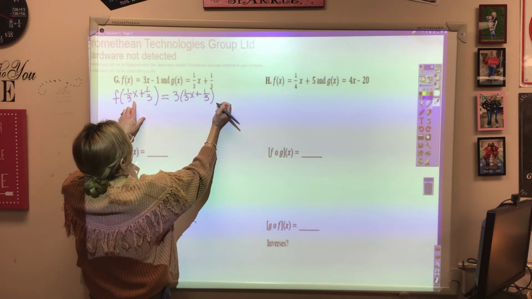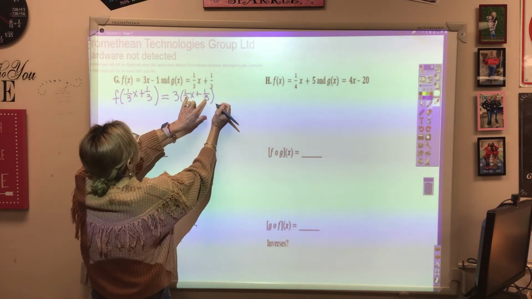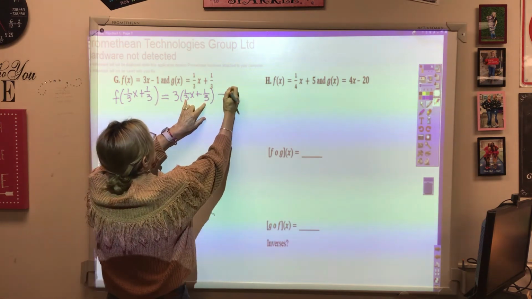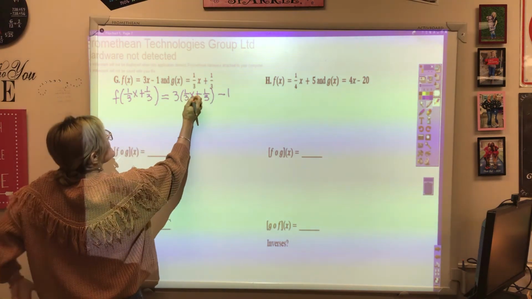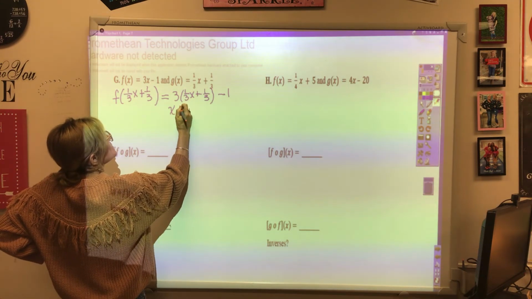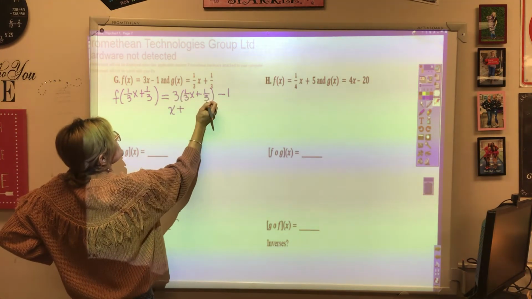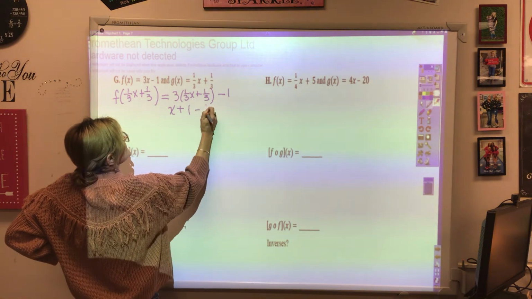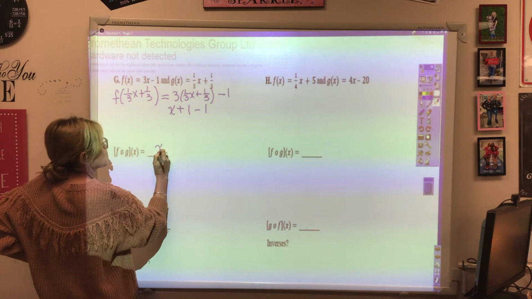So we have 3 times our x, which is the g of x, minus 1. So 3 times 1/3 x would be x, plus 3 times 1/3 would be 1, and then you have another minus 1, so that gives us x.